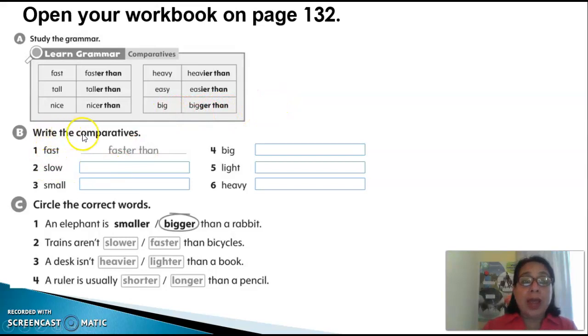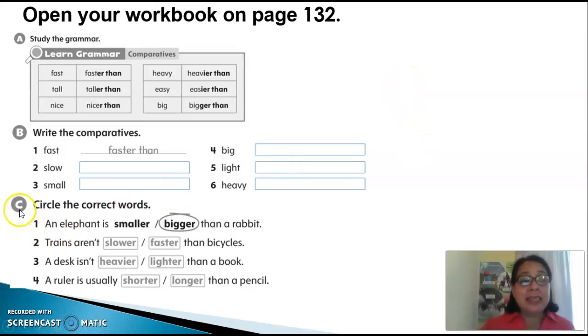You will write the comparative forms of this adjective. Fast, faster than. Slow, yes, slower than. You will write them on your own. Small, smaller than. And please do the 4, 5, and 6 individually. You can check these adjectives or the adjectives that you have in the PowerPoint, okay? Or in your student book.